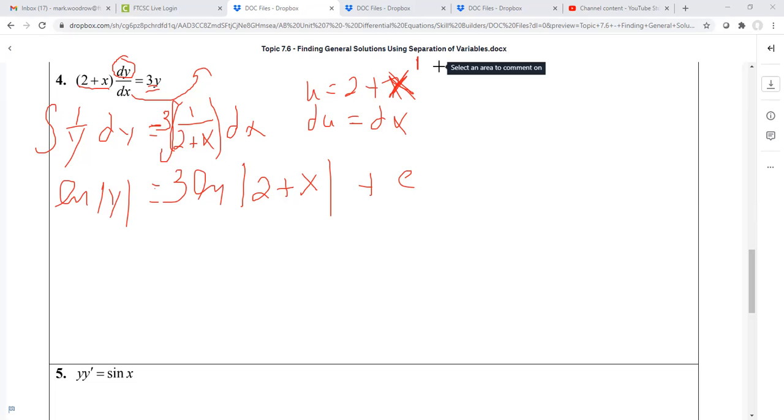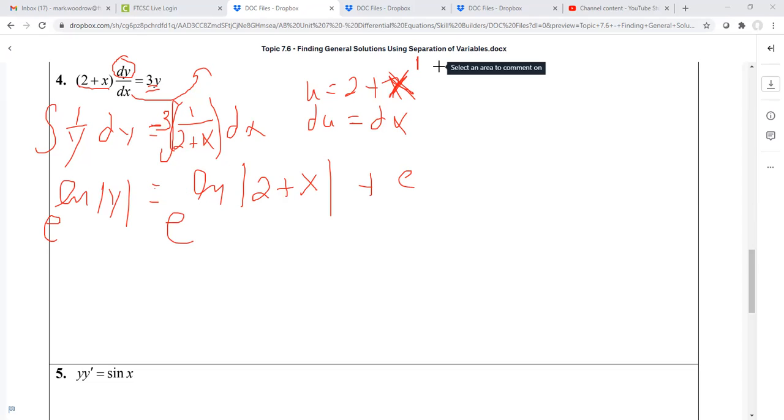So that means I've got to get rid of natural log. So what I have to do is take e and raise it to the power of each side. So I've got e to the natural log of y and e to the 3 natural log of 2 plus x plus c. So the next thing I want to do over here on the right side, I'm going to erase the 3.